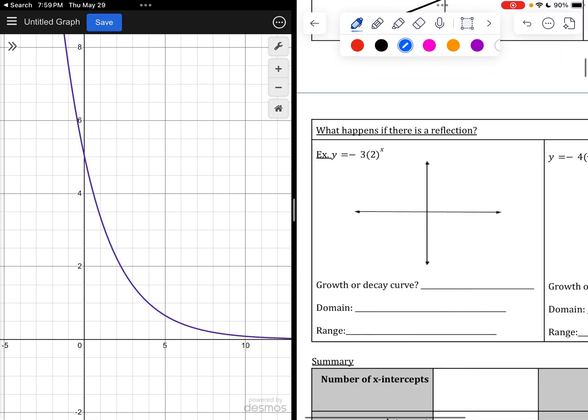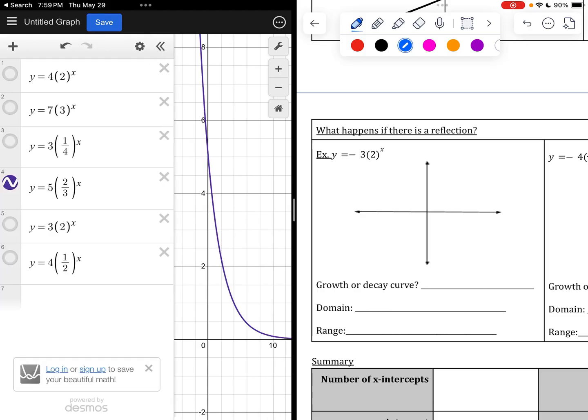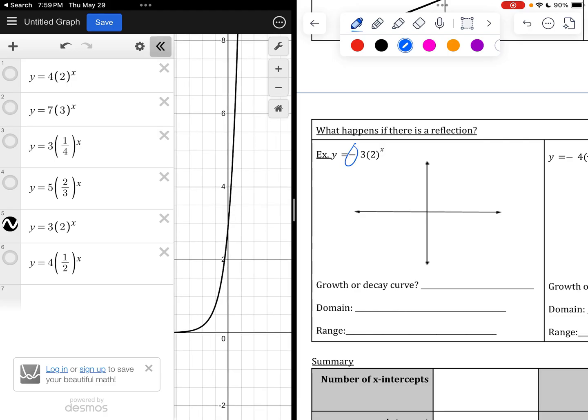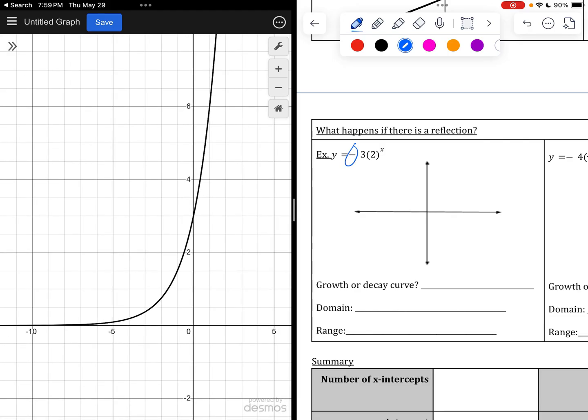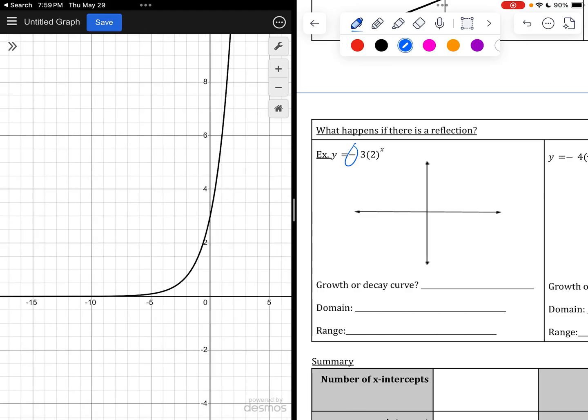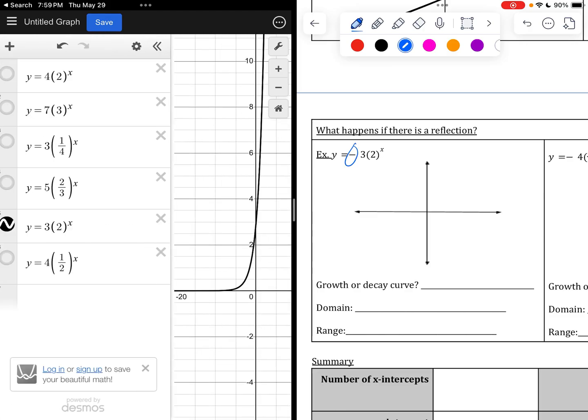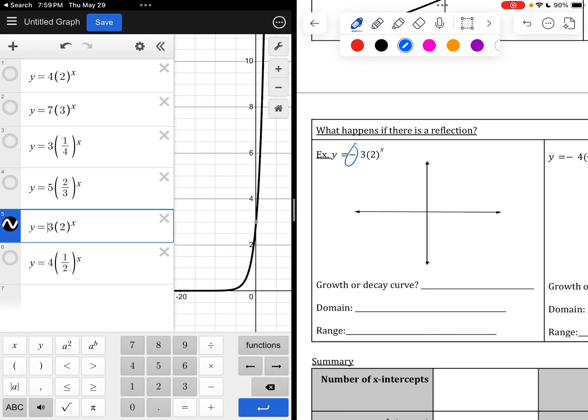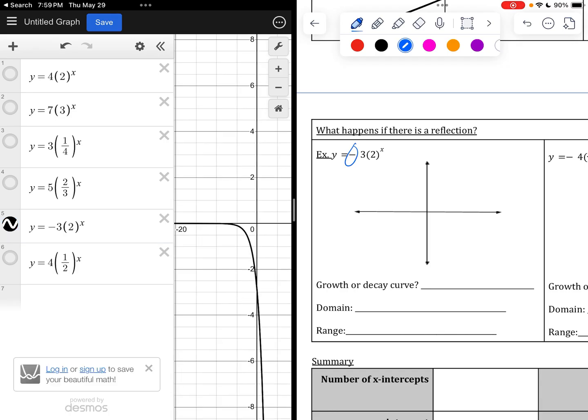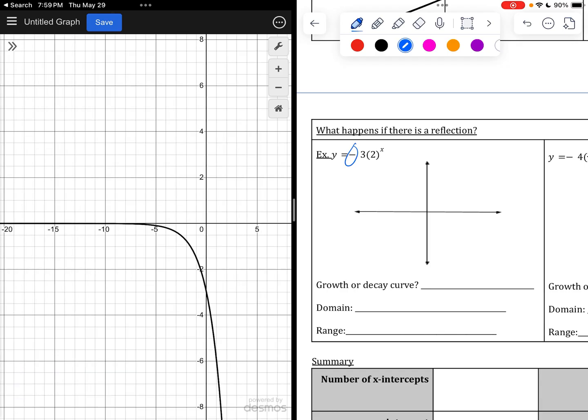So I'm going to graph this function. So I'm first of all graphing it as if it was positive. So if this was positive, it would look like this. It would look like a growth curve. Okay, and it would look like growth on the top. When I introduce a negative in front of it, notice that it flips, or we call that reflecting, across the y-axis.